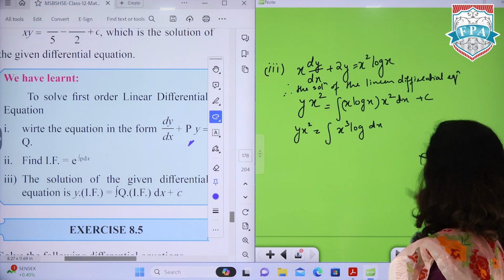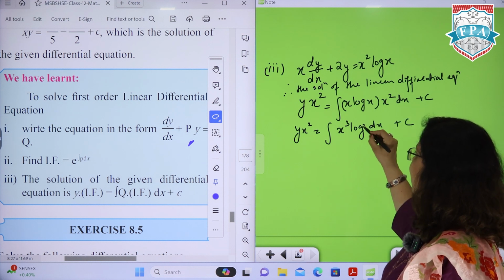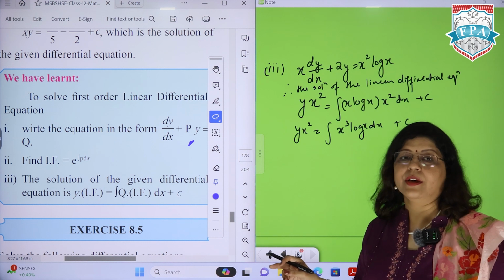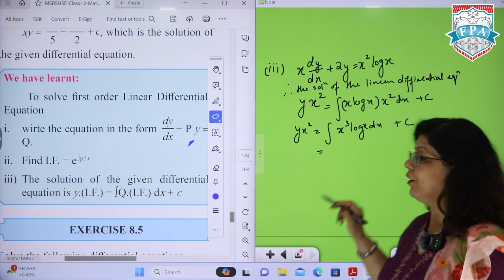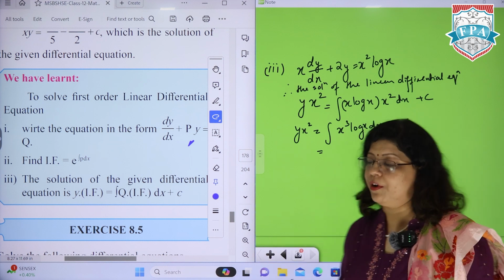And now we know what to do over here because it is of the form uv. So we have to do it by integration by parts. When we are doing integration by parts, log has to be given preference.